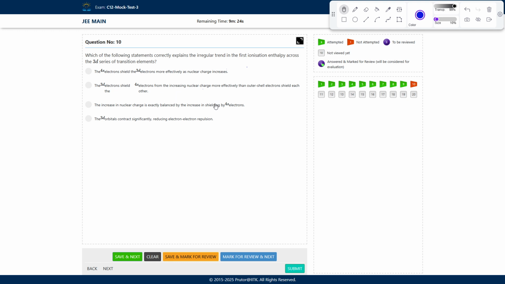3d electrons shield the 4s electrons from the increasing nuclear charge more effectively than the outer shell electrons can shield one another.